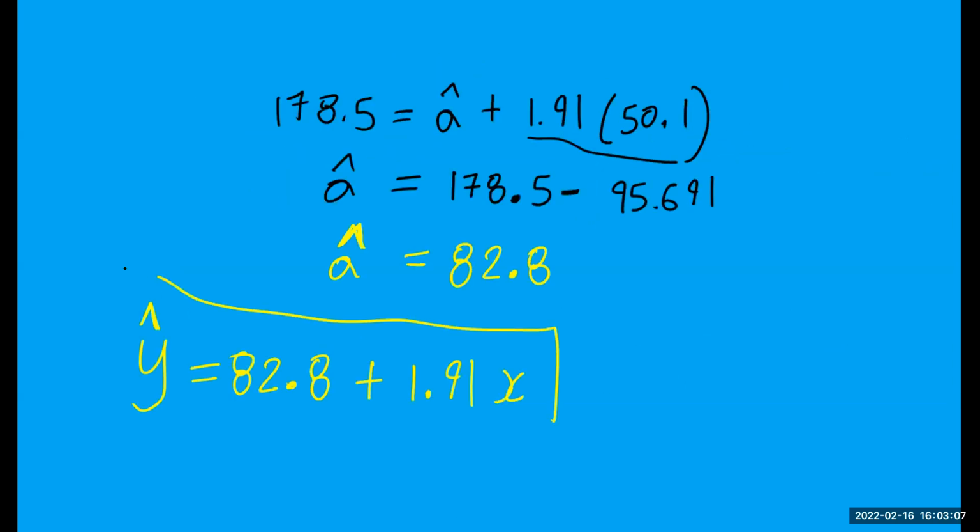This is our equation. This equation right here is our estimated equation. Remember, this is just allowing us to estimate y values based on x values. This is our estimated line of best fit.